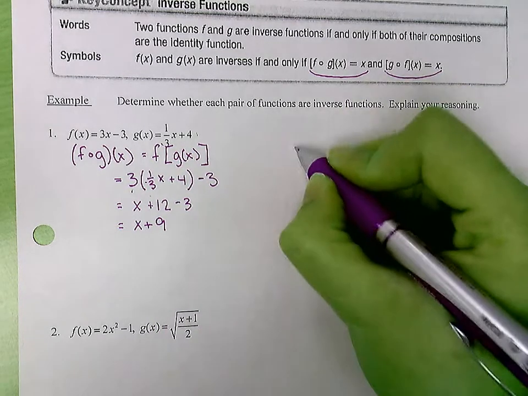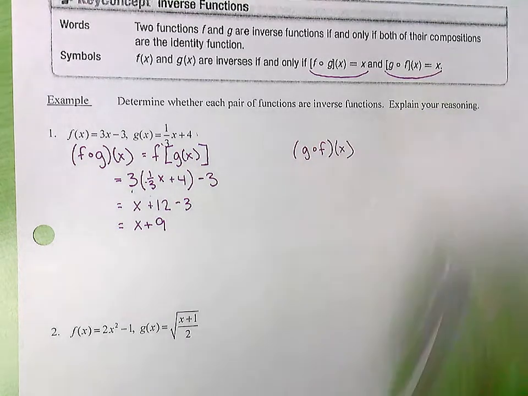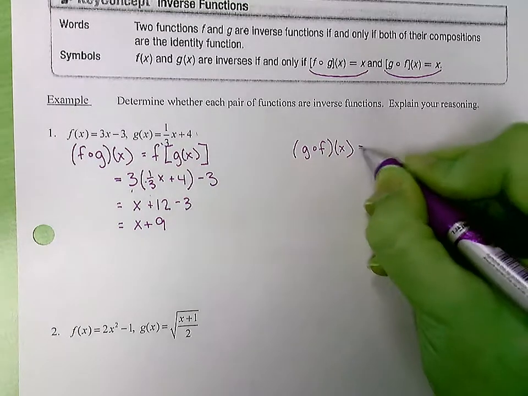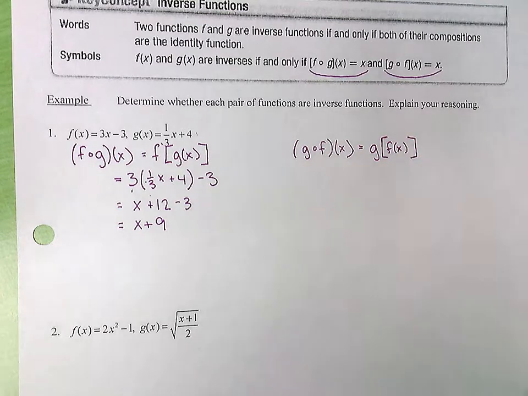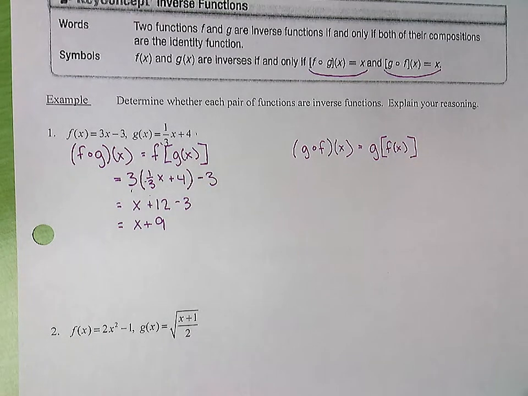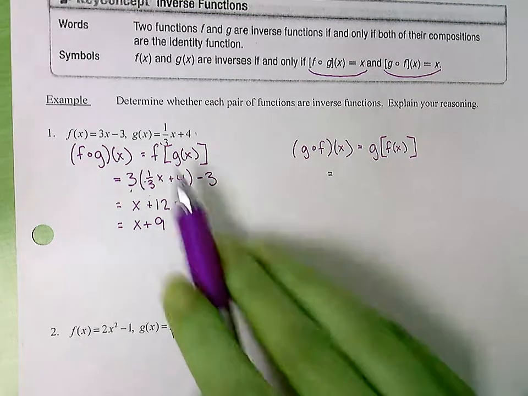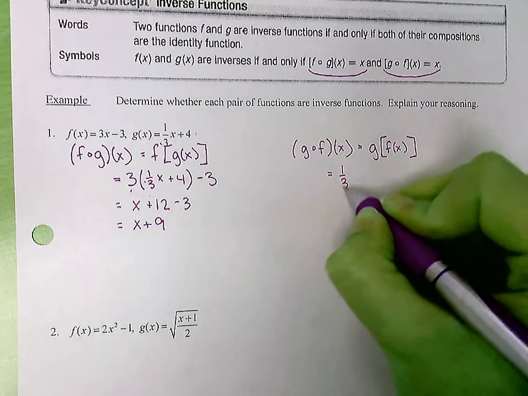I still want you to check g of f of x. So that's the other way around. You're taking your f of x function and plugging it in for the x's in the g function. So if I'm looking at my g of x function, I start with 1/3.